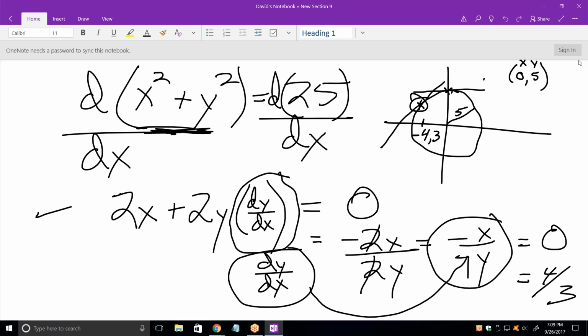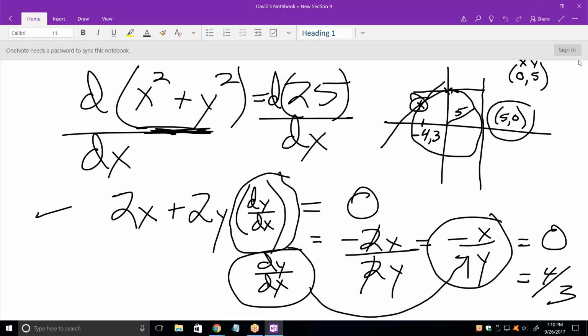Now, if I wanted to know the slope of the tangent line right there, you see where I'm drawing? And that's at the point 5, 0. What do you get then? I don't know. Plug it in. What do you get after you plug it in? Hold on.